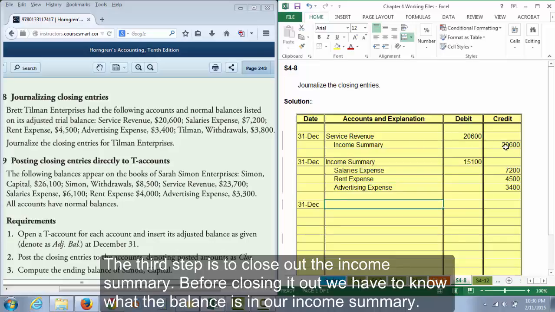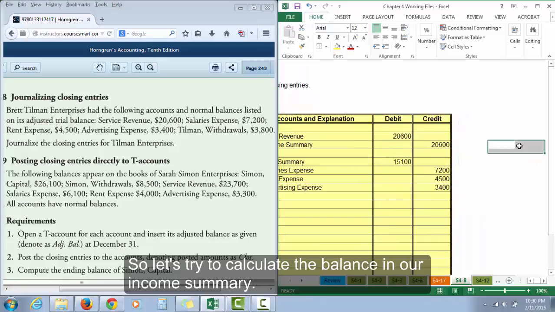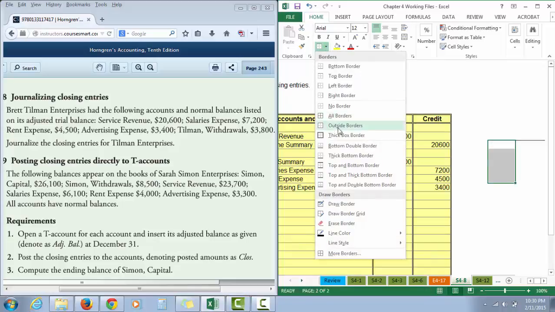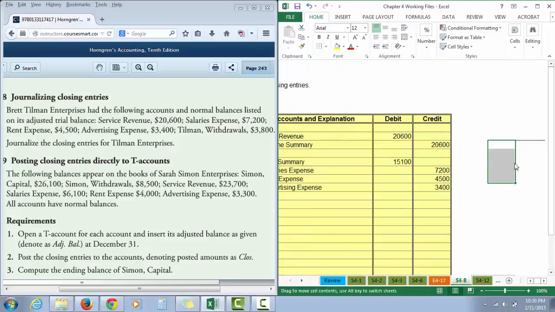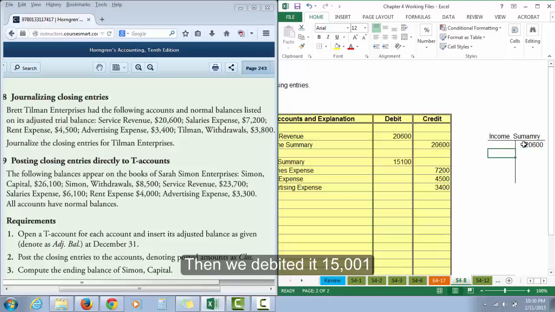Then the third step is to close out the income summary. But before we close it out, we have to know what the balance is in our income summary. So let's calculate it. In the income summary, we credited it in the first journal entry $20,600. Then we debited it $15,100.